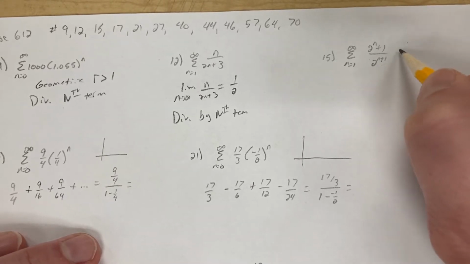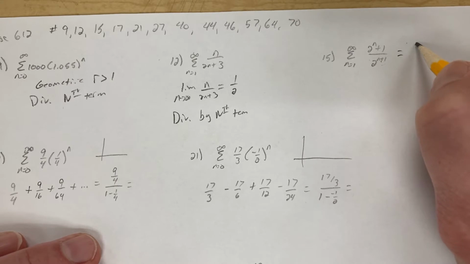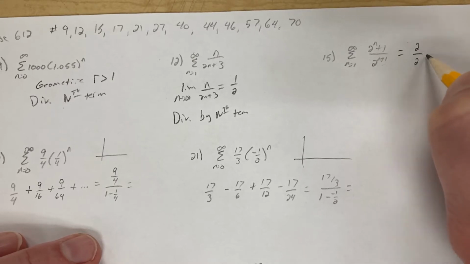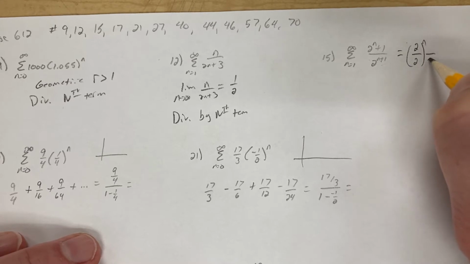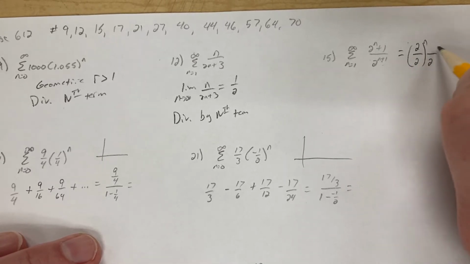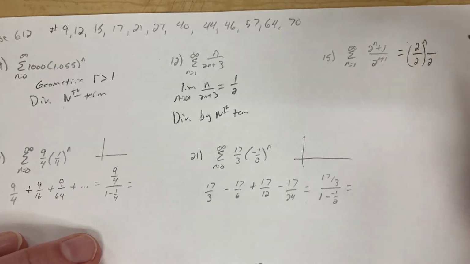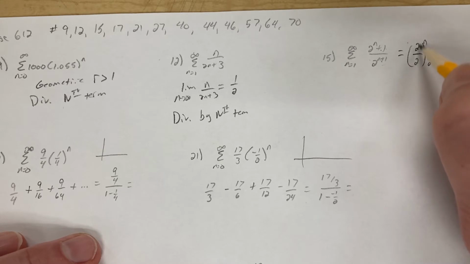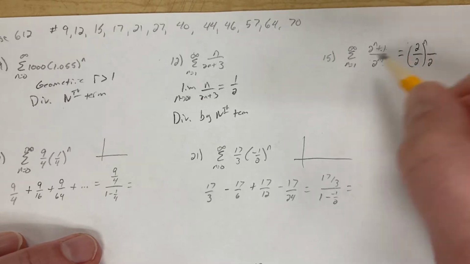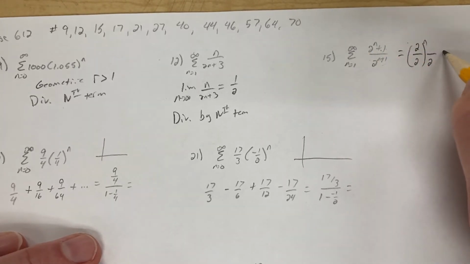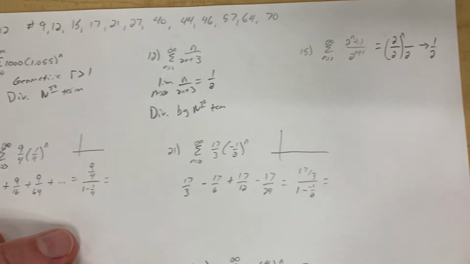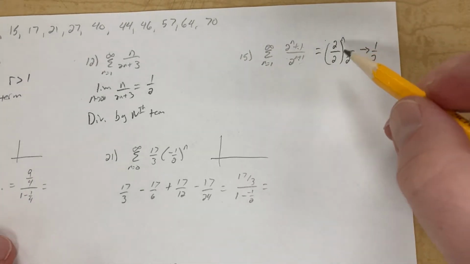I could write this as 2 over 2 to the n, and then I could have another 2 down here. Now again, I'm ignoring the plus 1 for a second, because over time it really isn't going to matter that you added 1 more to the top. These numbers are going to be so big. And so this right here becomes 1, and so this whole thing will eventually gravitate to a 1/2.